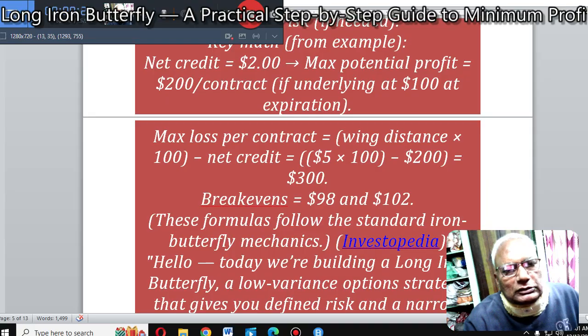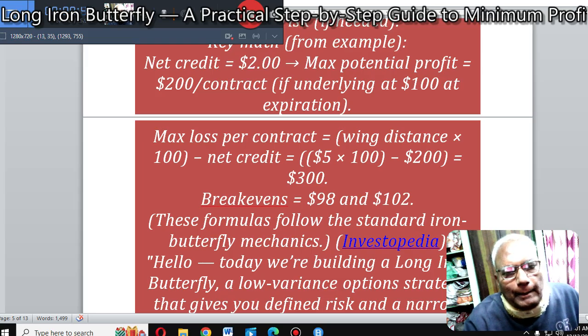Maximum loss per contract: wing distance times 100 minus net credit, equals $5 times 100 minus $200, equals $300.